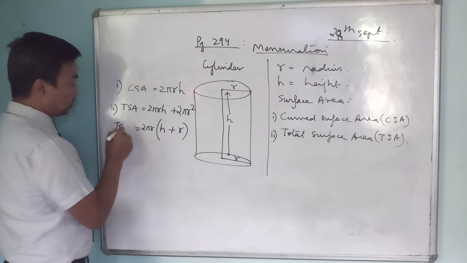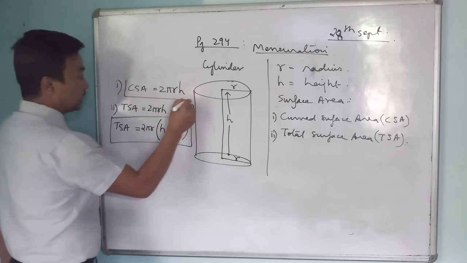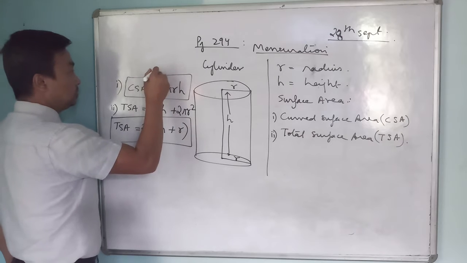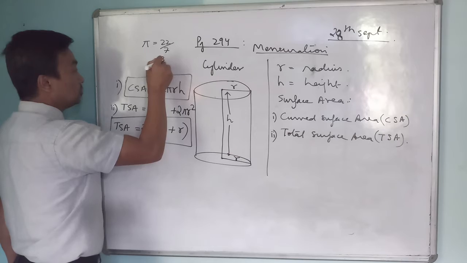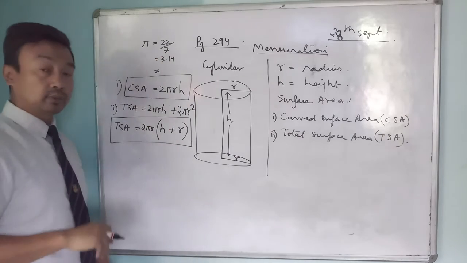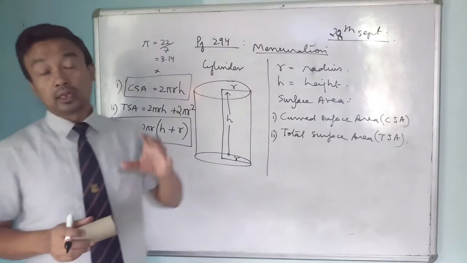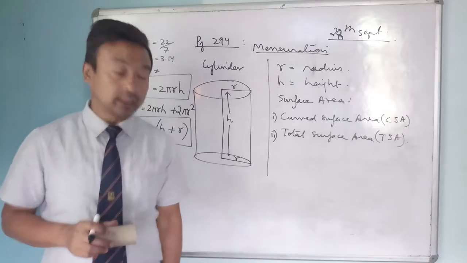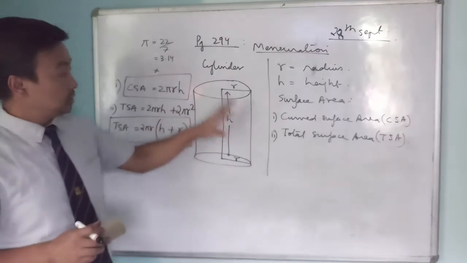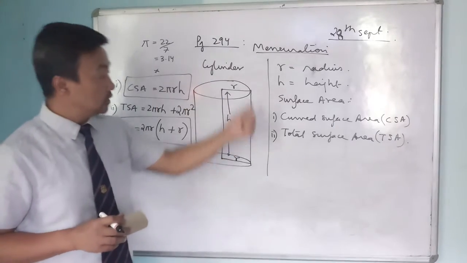So we have got the total surface area and curved surface area. Please remember this, pi is 22 by 7 or 3.14. Sometimes the value of pi will be given to you in the question. If it is not given, then you have to use 22 by 7. It is a constant. So these are the two areas you will get for the cylinder.